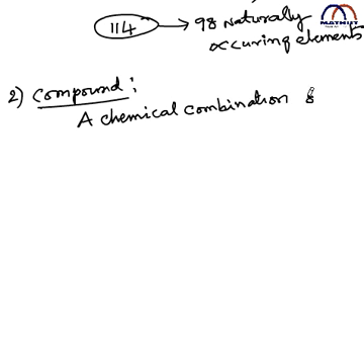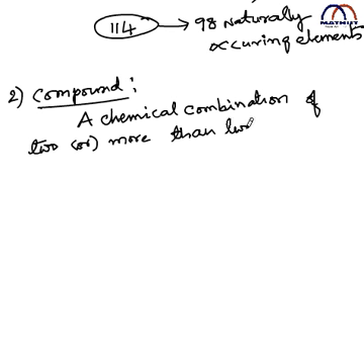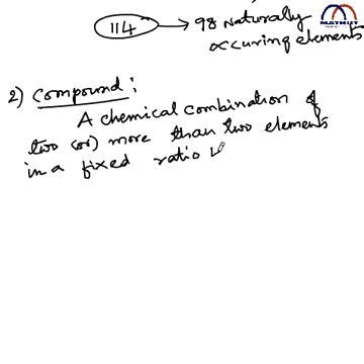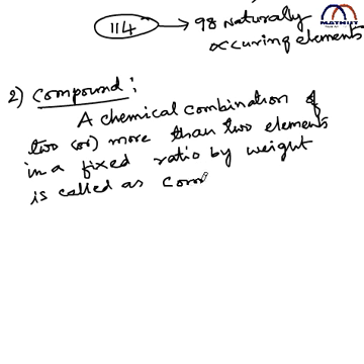Chemical combination of two or more than two elements in a fixed ratio by weight is called a compound.